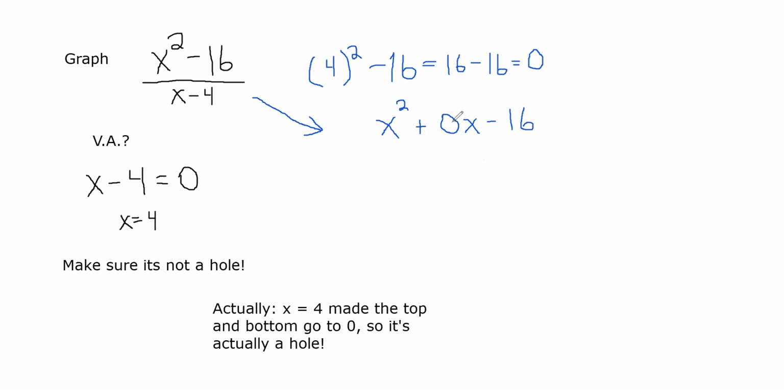We need two numbers that multiply to negative 16 but add to 0. And that's going to be x plus 4 and x minus 4. And on bottom, you're going to have the x minus 4 here.